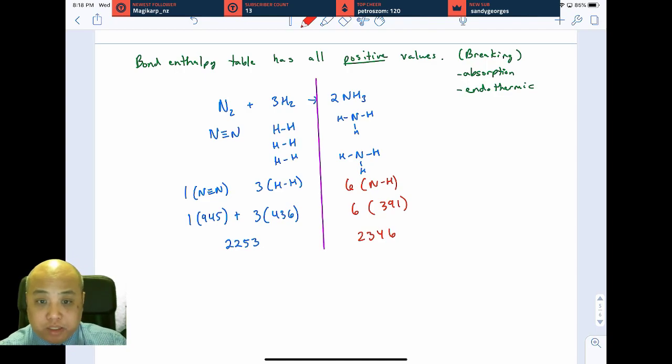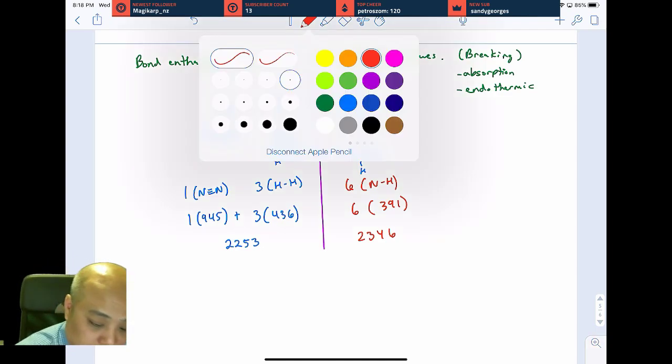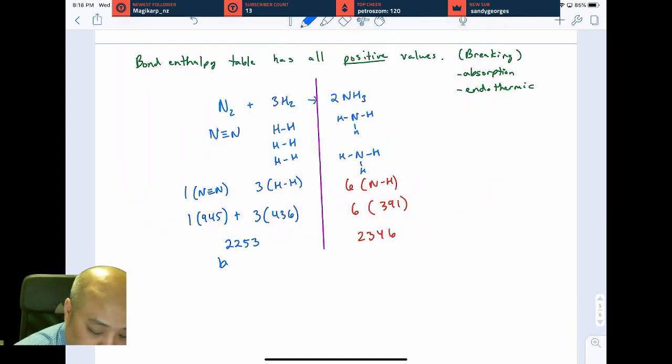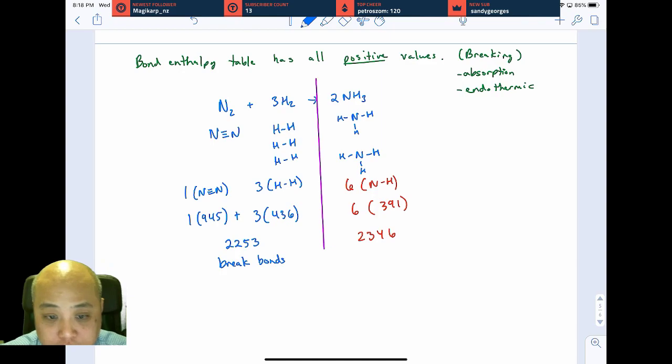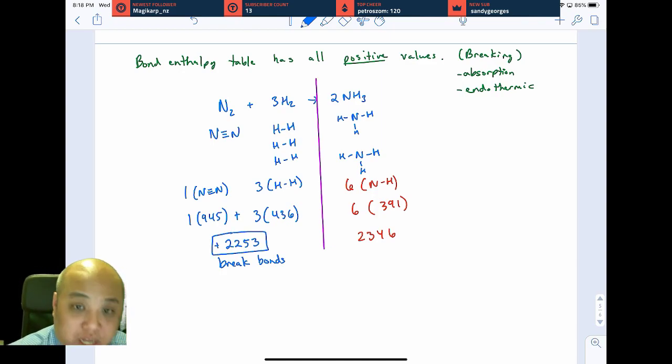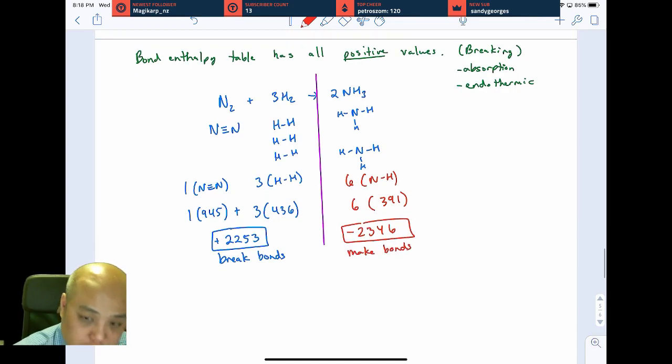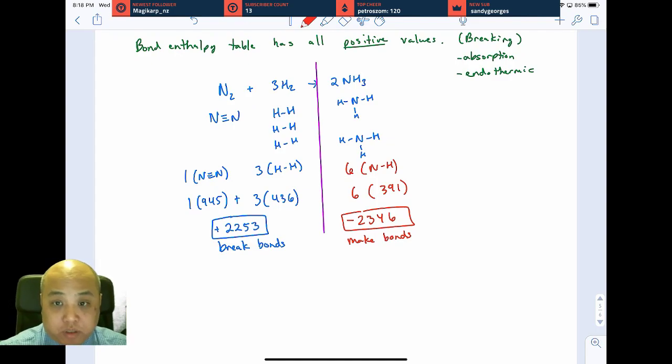Okay. Now, the question is, where are you breaking bonds and where are you making bonds? Every time you break bonds is on the reactant side. So that part is always positive. When you make bonds, you release energy, and that's always on the product side. So that side becomes negative because you're releasing that energy as those bonds are being formed.